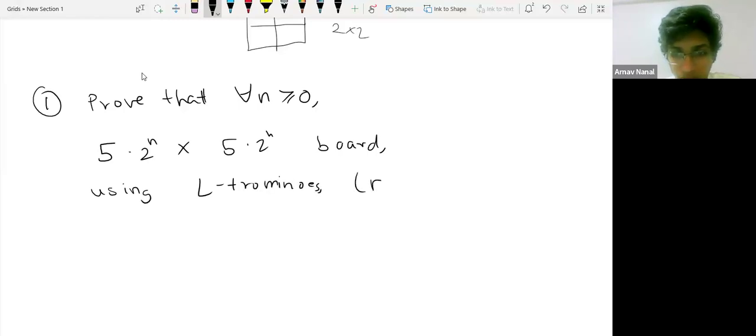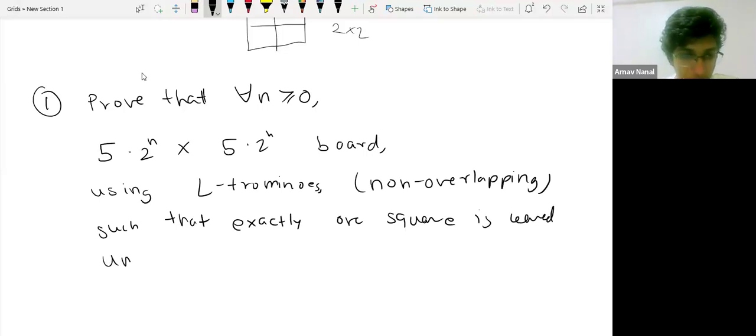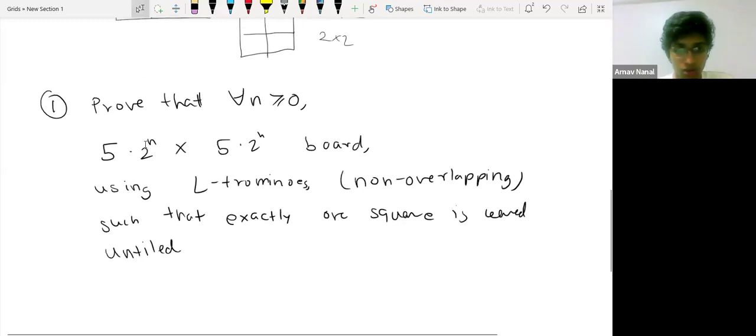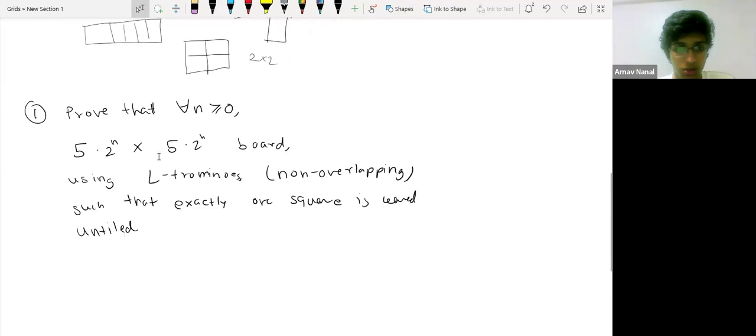Also, when I don't specify, I usually mean non-overlapping, such that they leave exactly one square untiled. Okay, so this is the question. You might want to try this for some time. Let's give it some time.